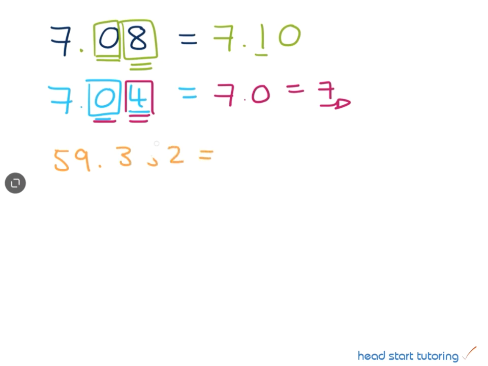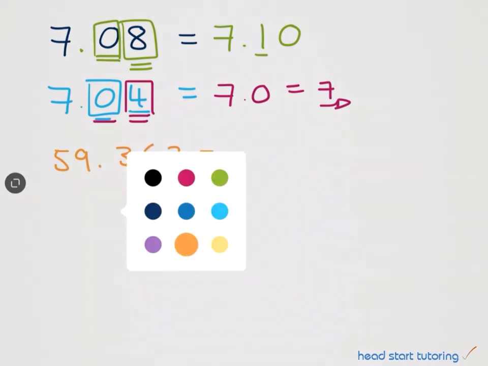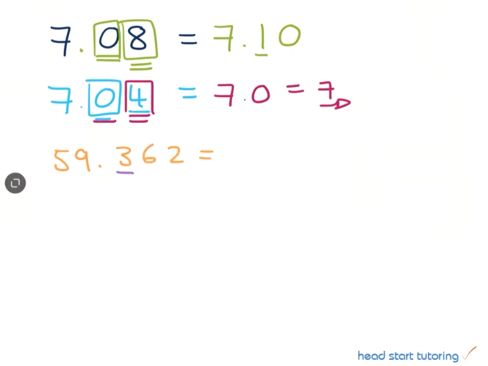Right, let's actually change this to a 6. So 59.362, if we would like to round this number off to the nearest tenth, we have a look at the value to the right of our tenth. So we've got 6 hundredths there, and that 6 hundredths tells us that we are going to round this number up.